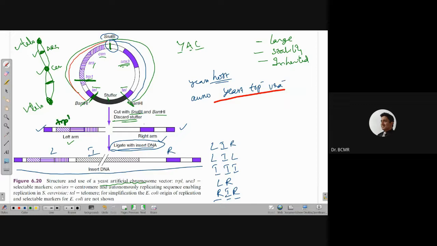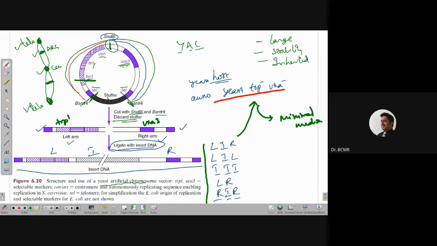Right arm has URA3, uracil. That's right. So which of these combinations is likely to grow on a host like this? And you are plating them on minimal media. Which one will grow? LIR, which contains both the left and the right arms.